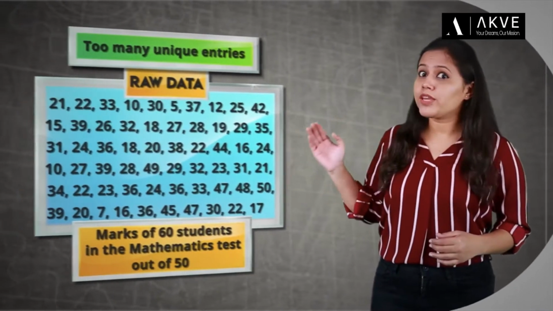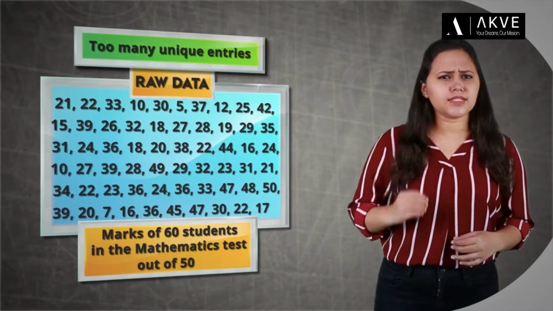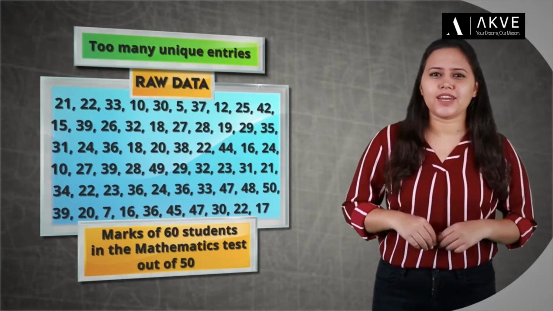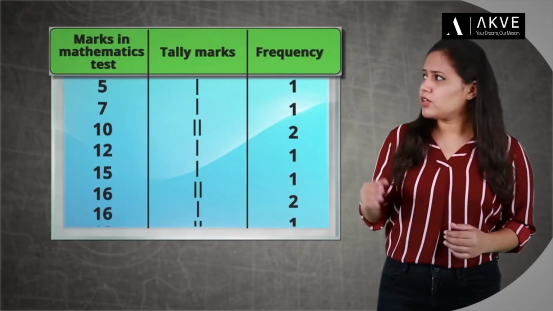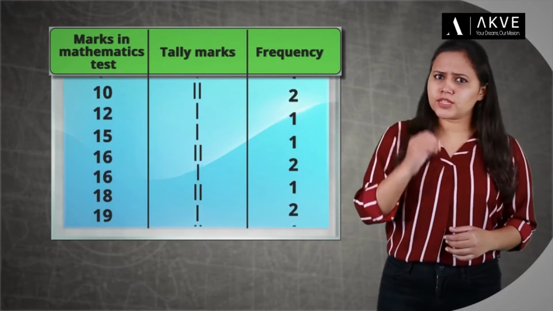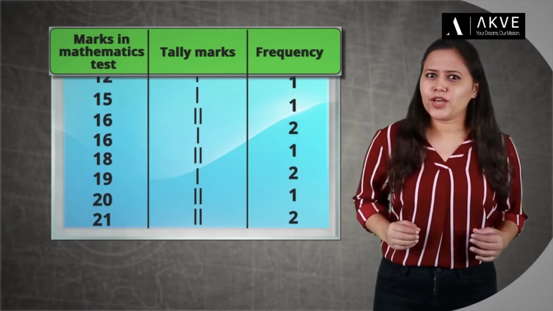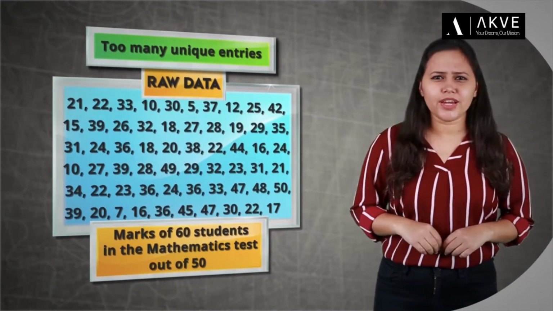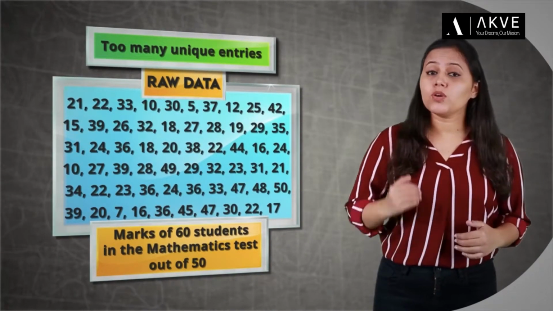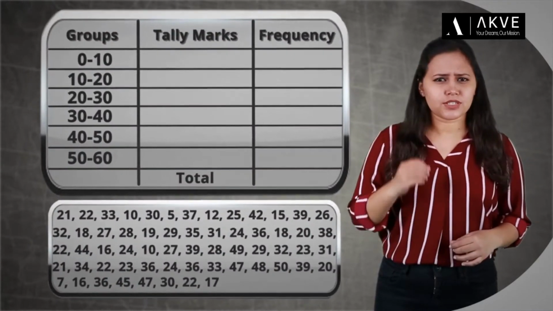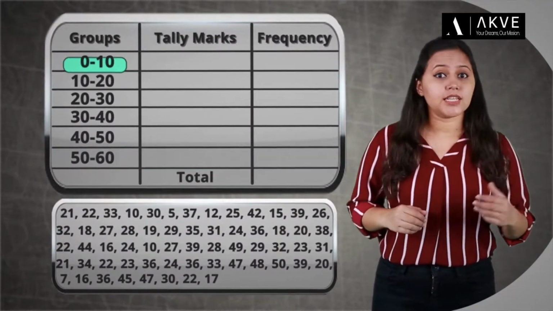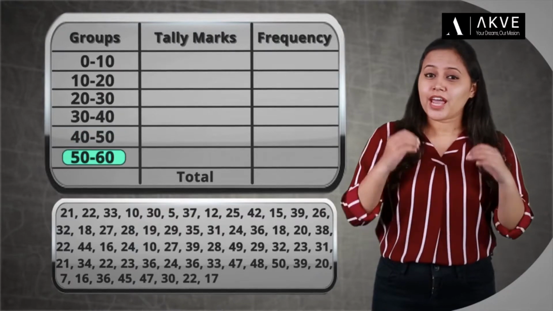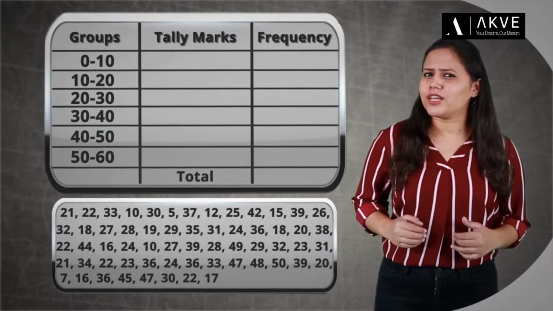Now, there are too many unique entries unlike the last data set where there were only 9. So you can only imagine how many rows there will be for this data set. This is where grouping data comes in and saves the day. You already know this, right? We make equally sized groups of observations, say 0 to 10, 10 to 20 and so on, and obtain a frequency distribution table like this.